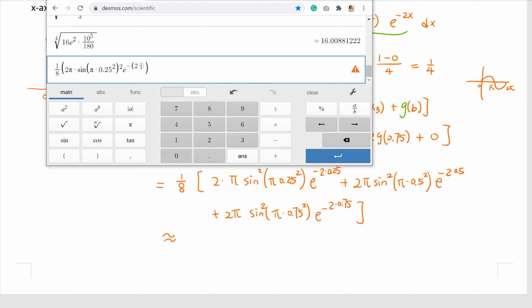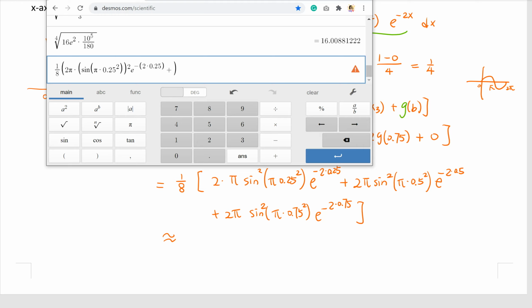Otherwise you think this is 0.25. Yeah, so far so good, everybody? Okay, am I right? So 2 pi sine of these guys squared. Let me put a parenthesis here because I'm afraid it will get confused. It's sine of pi and then 0.25 squared.